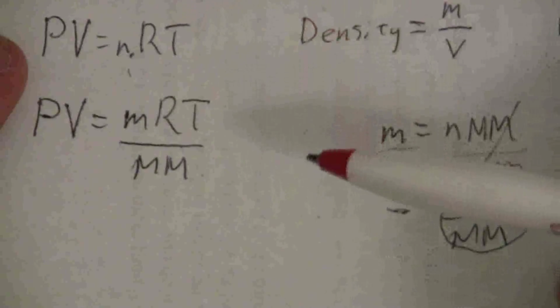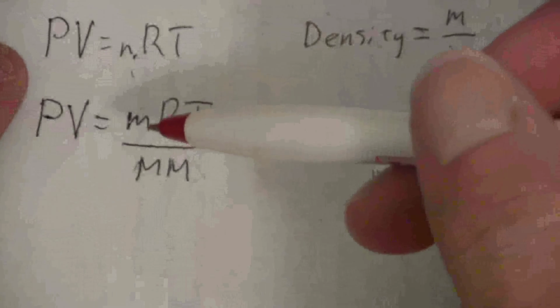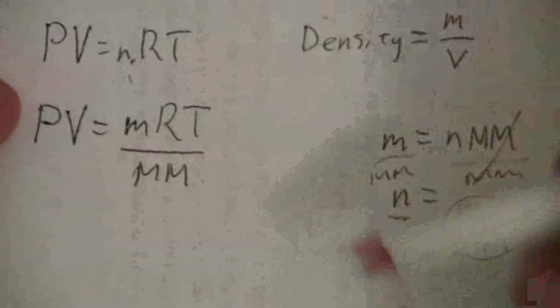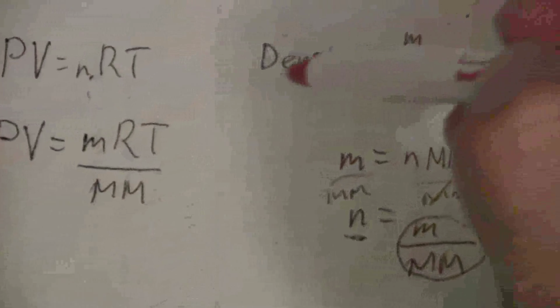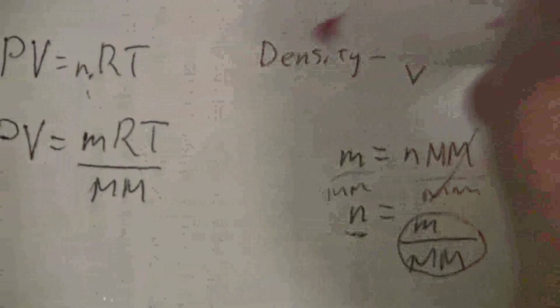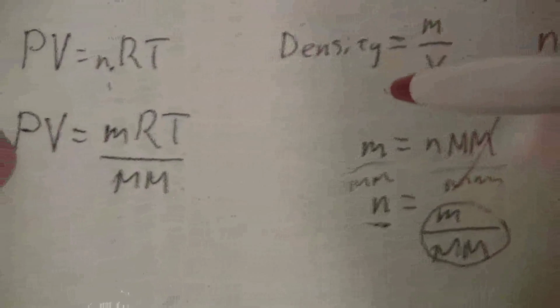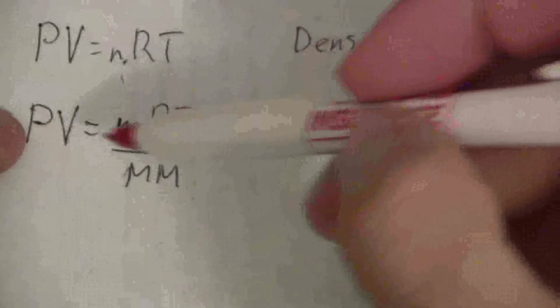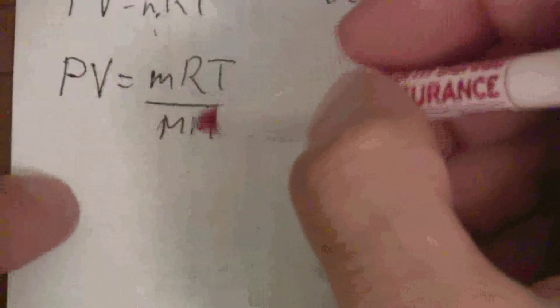All right, so now I can do a couple of things with this. First of all, I originally wanted to get density out of this. Density is mass over volume. So let me rearrange this for mass over volume.